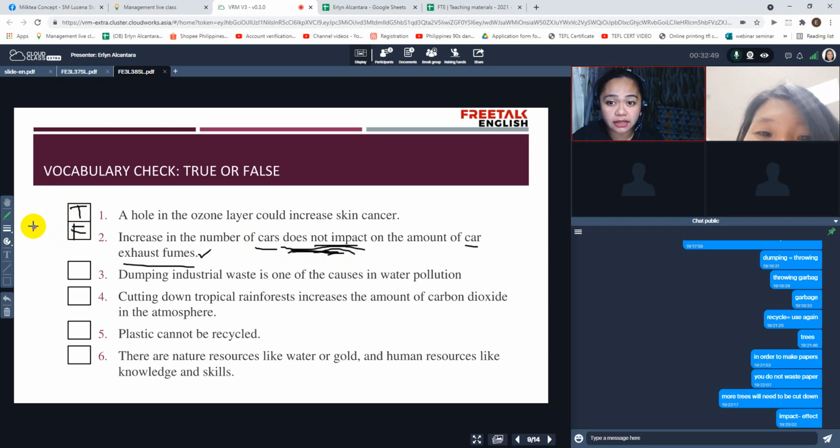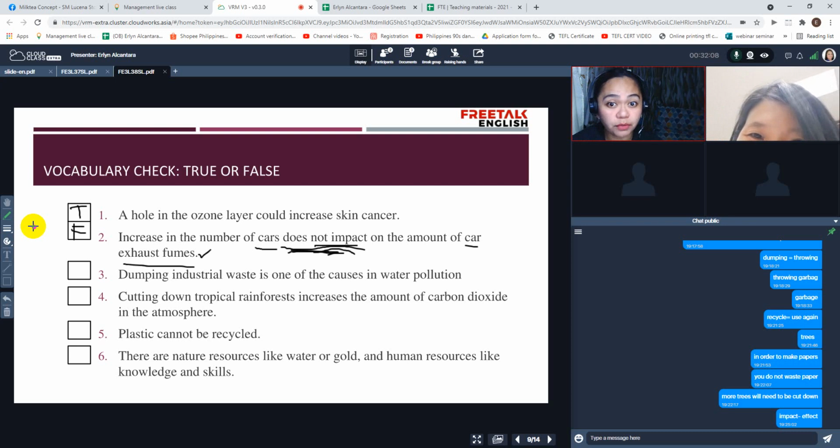If we increase the number of cars, what is good for my environment, and what is not good for the environment? If we increase the number of cars, all kinds of cars, I think this sentence is false.